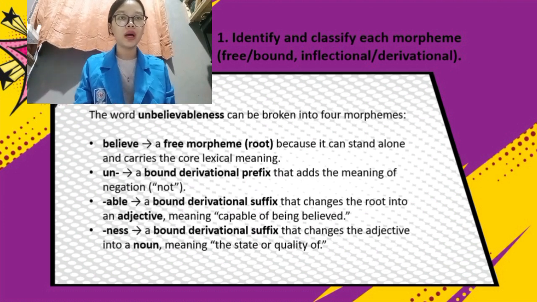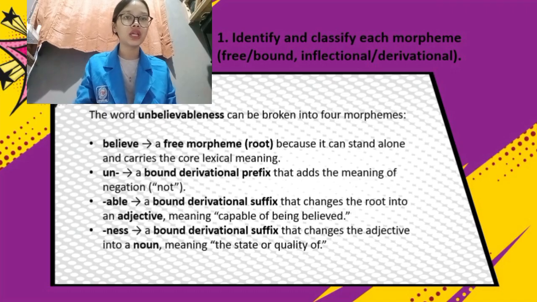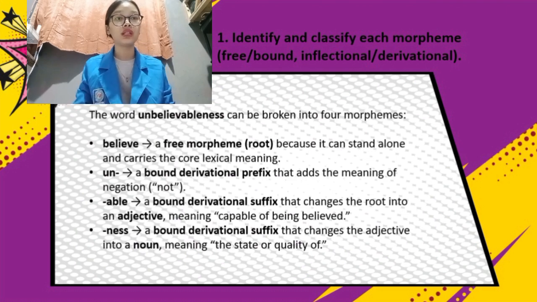Un-, a bound derivational prefix that adds the meaning of negation, not. -able, a bound derivational suffix that changes the root into an adjective meaning capable of being believed. Next, -ness, a bound derivational suffix that changes the adjective into a noun meaning the state or quality of.